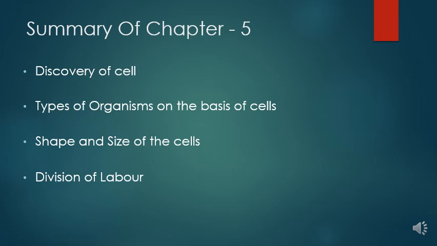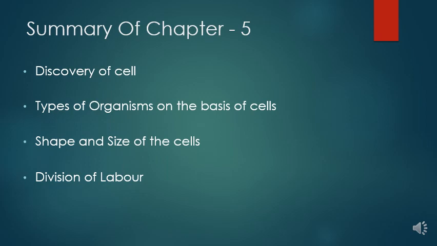I also told you cells divide to produce cells of their own kind. All cells come from pre-existing cells. Then I discussed the shape and size of the cells. They are related to the specific function the cell performs. Some cells like amoeba have changing shapes. The cells may be oval, spherical, rectangular in shape.